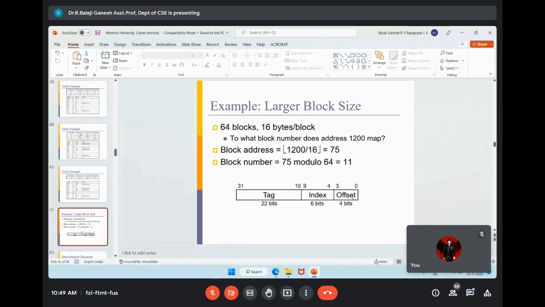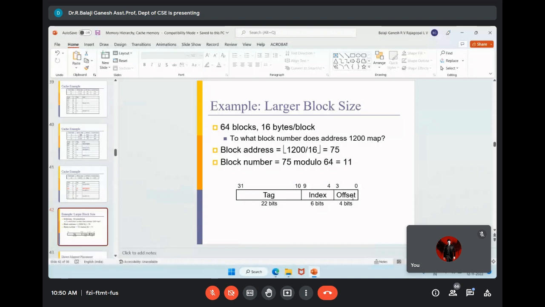And index is used to identify a block in the cache memory, right? So totally how many blocks are here? 64 blocks. 64 is equal to 2 power 6, right? So bits 4 to 9, 6 bits, are for index, and the remaining bits 10 to 31 are for the tag field.